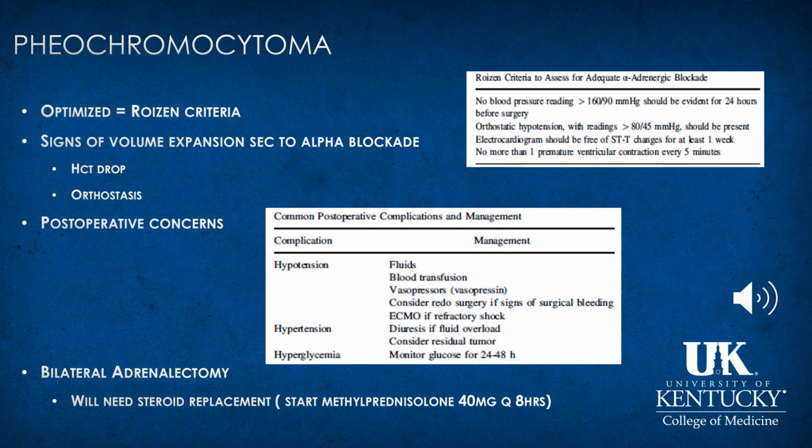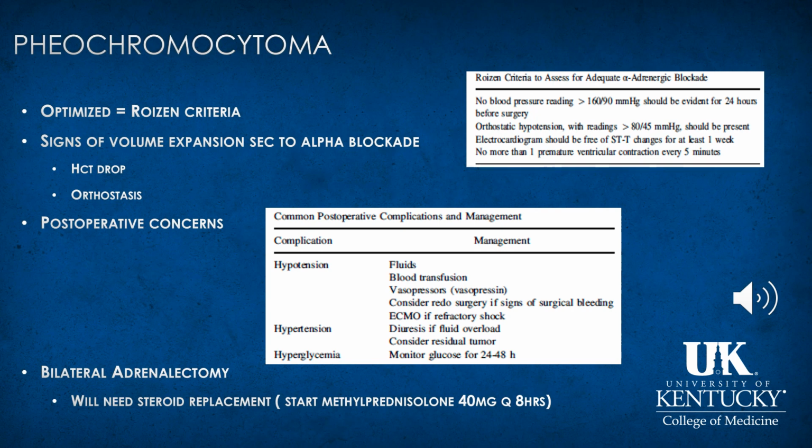Patients should experience some form of orthostatic hypotension, especially when getting up in the morning. And the EKG should not have any ST-T changes and not more than 1 PVC in 5 minutes. So these are the so-called Roizen criteria for adequate alpha-adrenergic blockade.